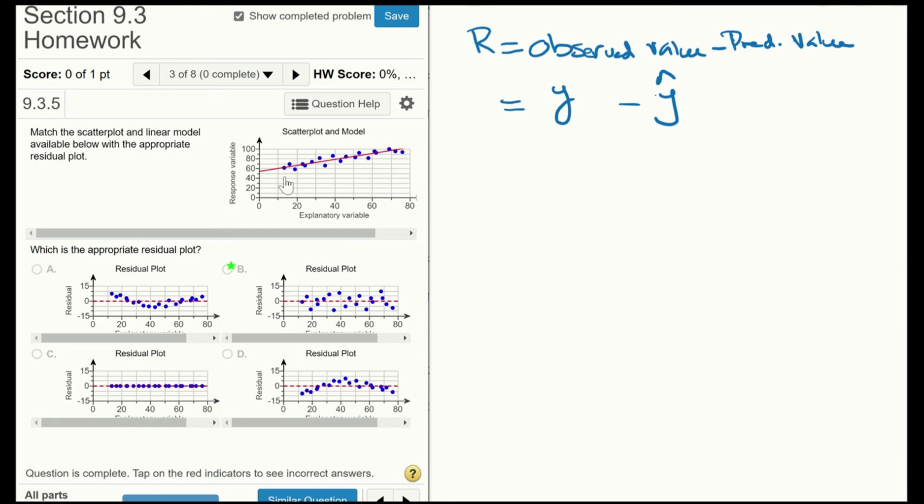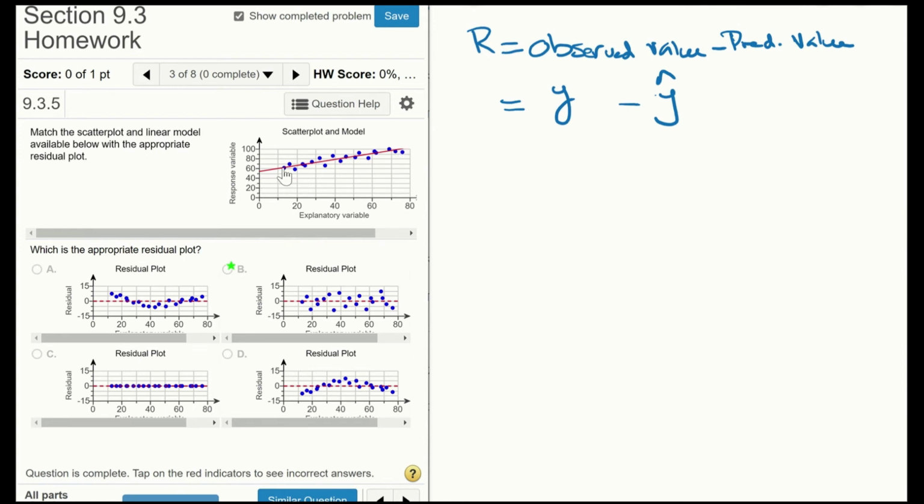To do that, we need to really understand what the residual plots are showing us, and the important thing to understand is that they're not showing us data values. Remember, for a given data value, they're giving us the residual value associated with a particular x value or explanatory variable. So for example, notice that right here we have a data value that falls right on the linear regression model.